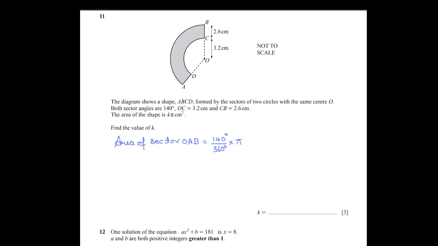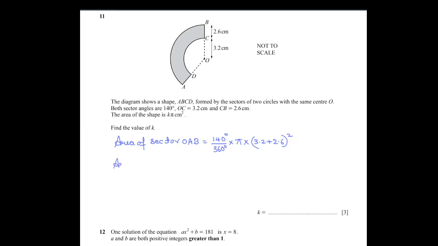So r is the total of these two. That means we need to add this 3.2 and 2.6. So pi r square, 3.2 plus 2.6 whole square. This is the area of the sector OAB.